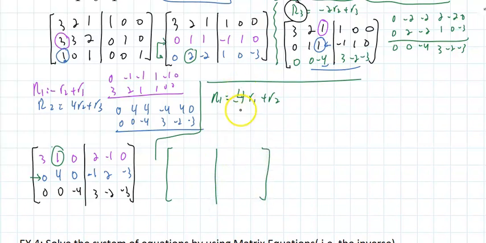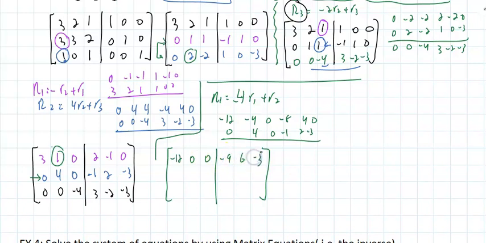If I multiply row 1 by a negative 4, that's a negative 12, negative 4, 0, negative 8, 4 and a 0. Add it to row 2. I'll get a negative 12, a 0, a 0, a negative 9, a 6, and a negative 3. Row 2, I'm going to copy down.